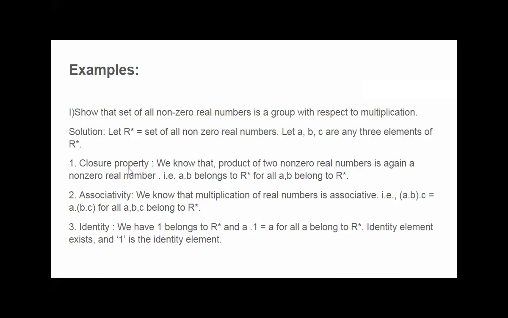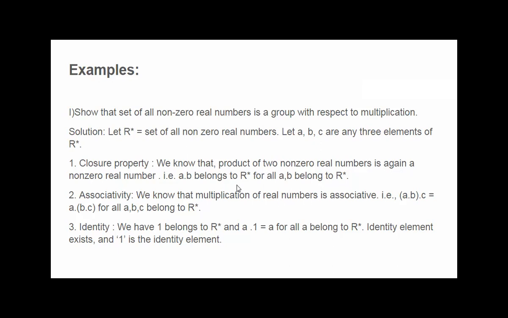How are we going to take the closure property here? We know that the product of two non-zero real numbers. Here we have taken the operation as multiplication, so the product term comes here. We know that the product of two non-zero real numbers is again a non-zero real number. Yes, it is there.